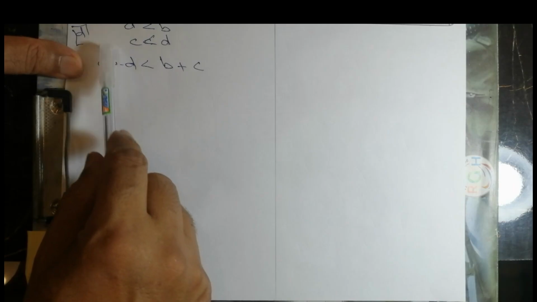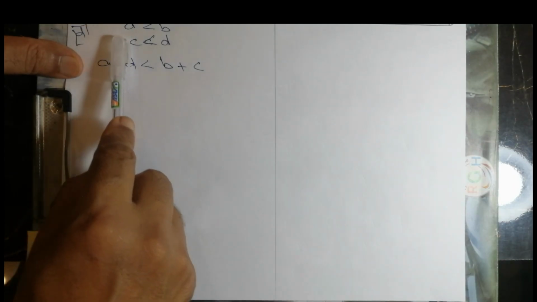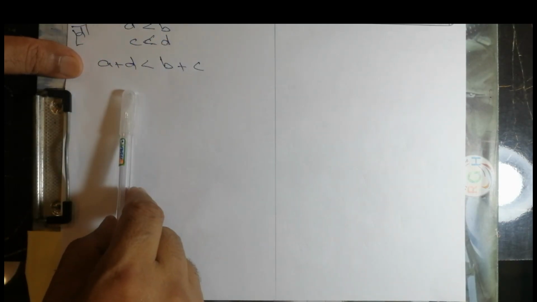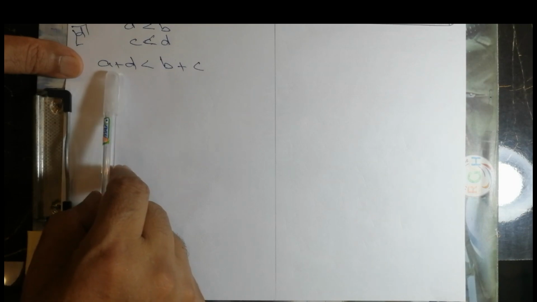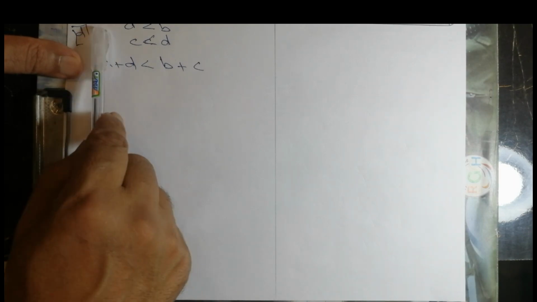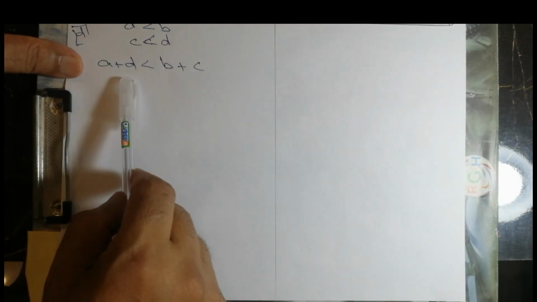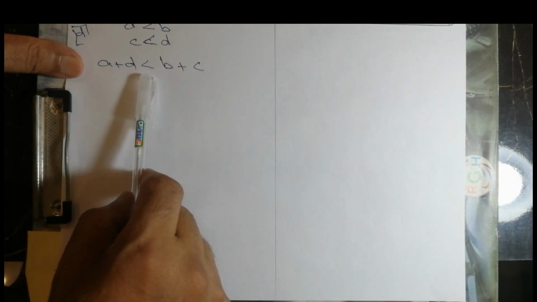If in the previous question the smaller side was added to the smaller side, that was a logic, but here he just writes A plus D, one smaller number and one bigger, and he is asking, is it always true?